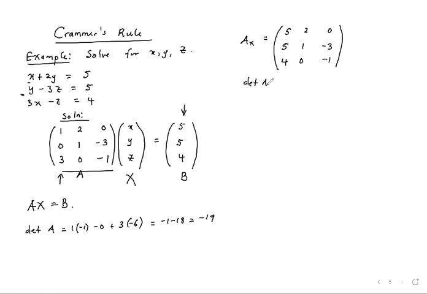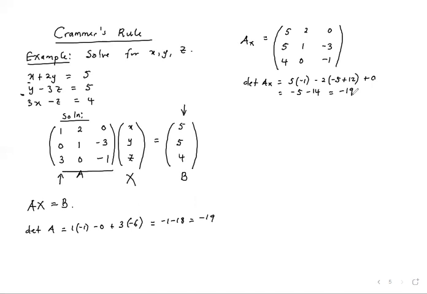So what is determinant AX? We go for the first row, we have 5, cancel, cancel, we get negative 1, minus 2, we cancel, cancel, get negative 5, plus 12, and then plus 0, giving us -5 minus 14, which is equal to -19.